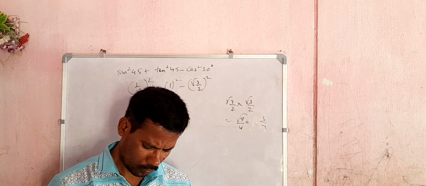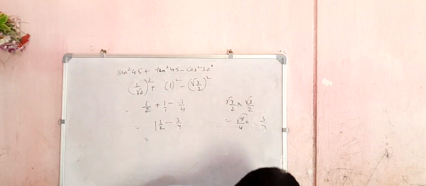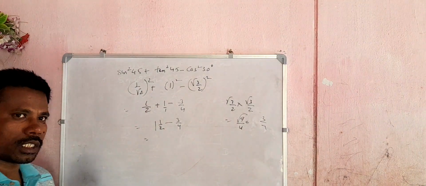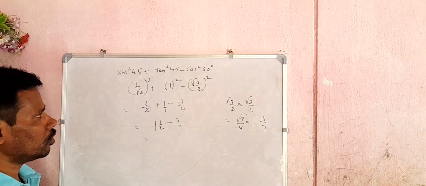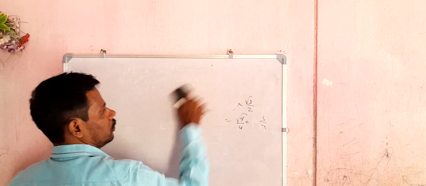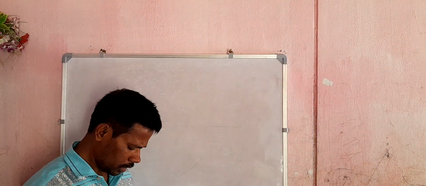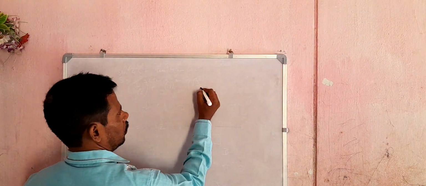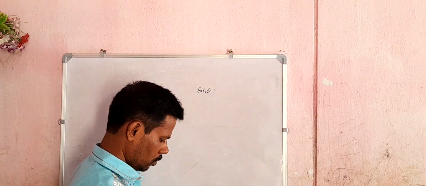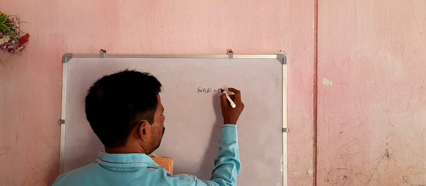Next, one problem we will see based on values. You should master the table and do it. There is no other way. Next, one simple question. Sin theta is equal to 3 by 5.